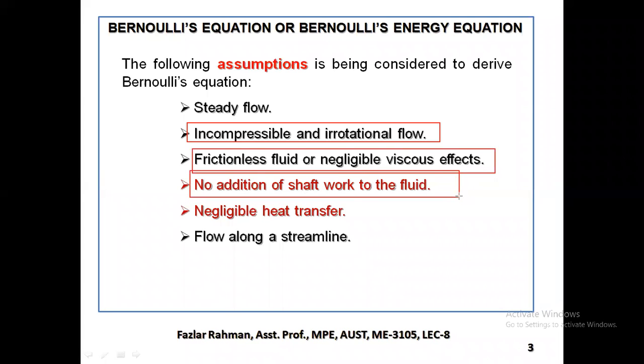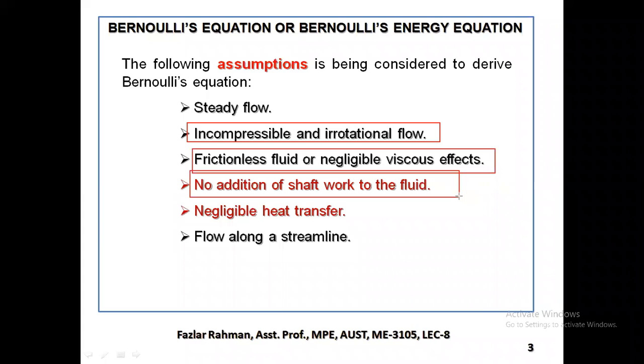For example, you are sitting in a room, you might have AC, so some energy is added to the air. That means cold air is coming out with certain velocity. Or you might have a fan. What does a fan do? It adds some energy to the fluid. That's why the air is rotated around our body, takes some heat out of our body, and we feel comfort.